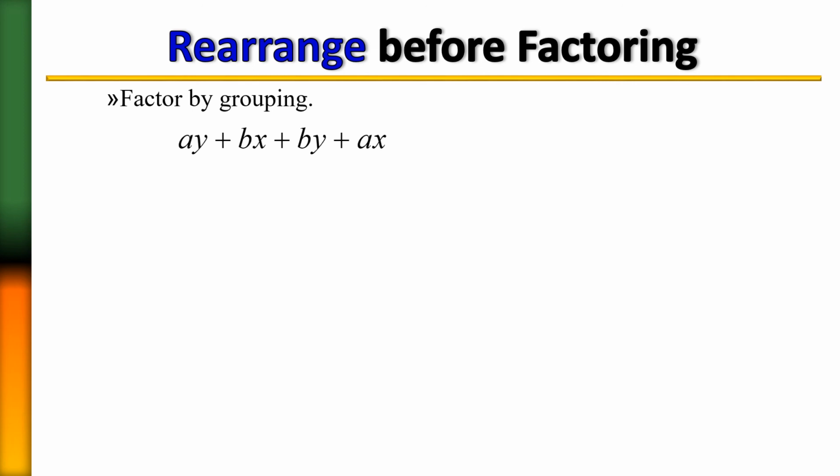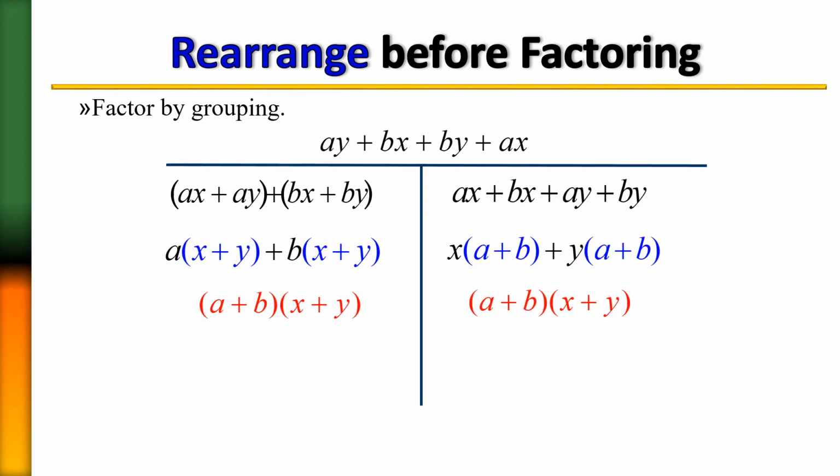It doesn't matter how you pair it, you should still come up with the same answer as you can see here. And that's a plus b times x plus y. You could also write it as x plus y times a plus b. And there you have it, rearranging terms before factoring using the factor by grouping method.